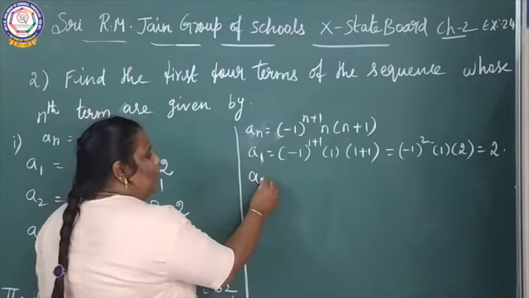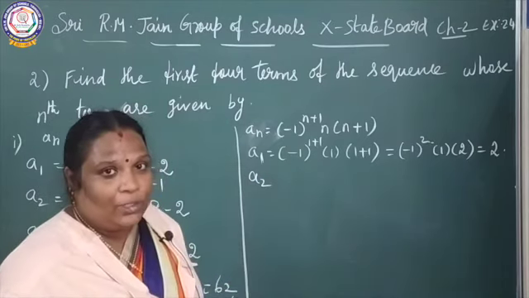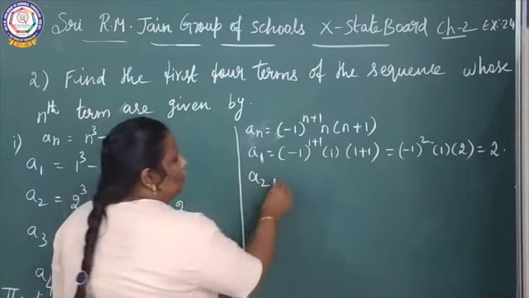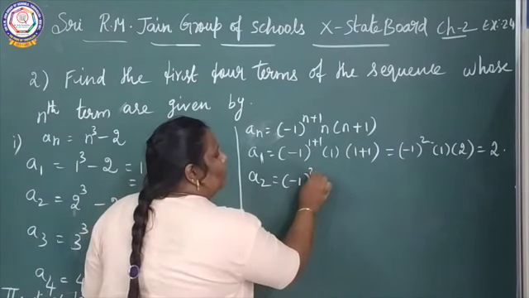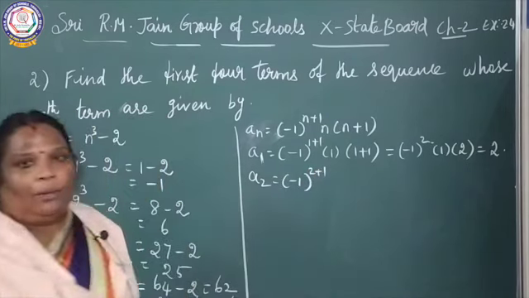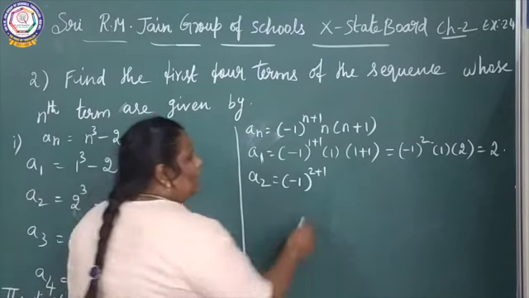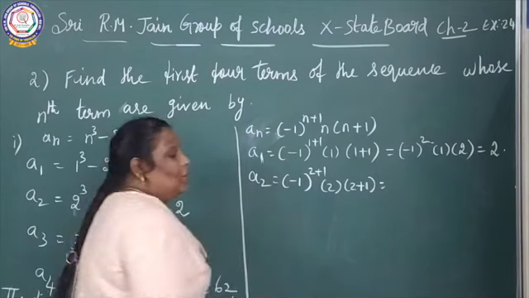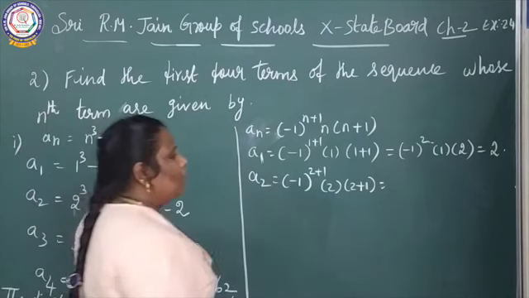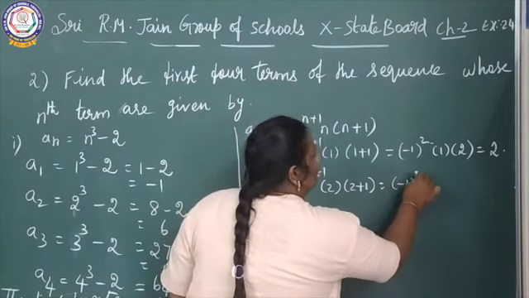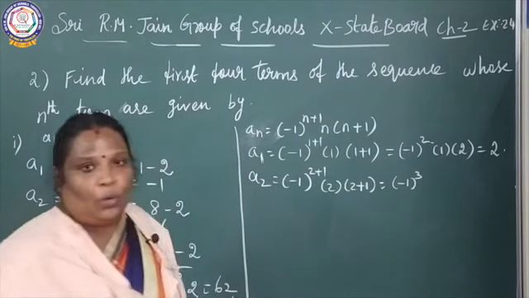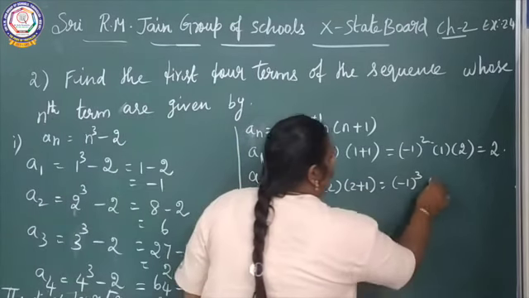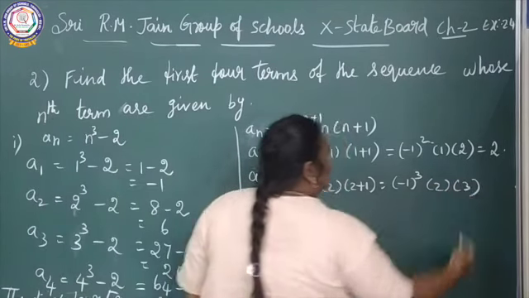A2: in the place of n, you substitute the value of n equal to 2. Minus 1 whole power 2 plus 1 into 2 into 2 plus 1 equal to, minus 1 the whole cube, 2 into 3.